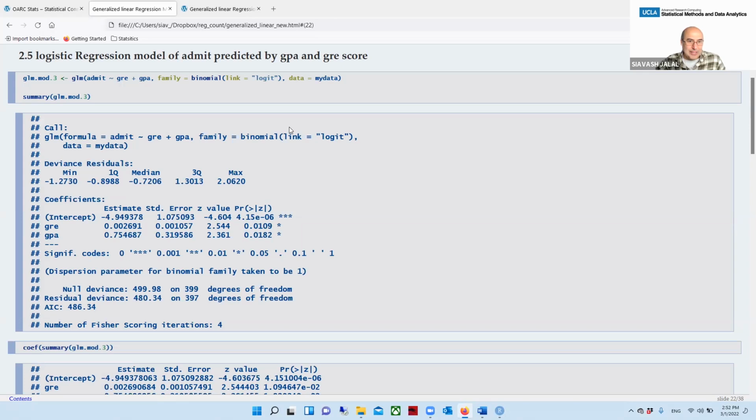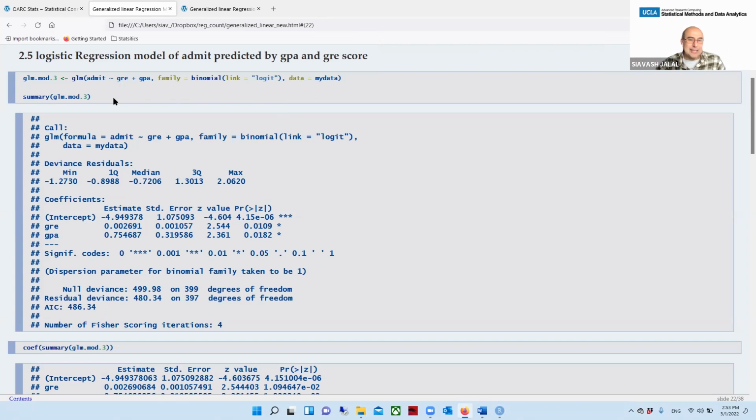Now what I do here is, very easily, we can add many variables, a lot of variables, right? It depends on how many samples, how stable our estimation is. Exactly the same as the linear model. So here, I add GRE and GPA, both together.